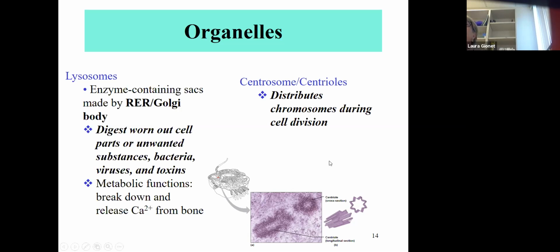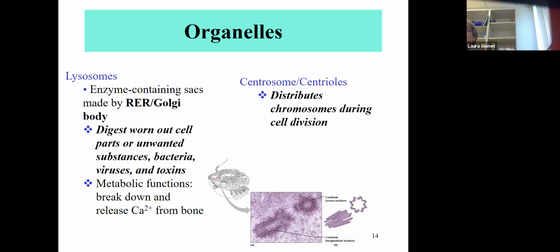Okay, then we have centrosomes or centrioles. They're often used interchangeably. These are organelles that will replicate when we're ready to replicate the cell. So these centrioles will replicate, and they travel to opposite ends of the cell. We're going to look at that toward the end of this chapter, really. And they're capable of making what's called mitotic spindles.